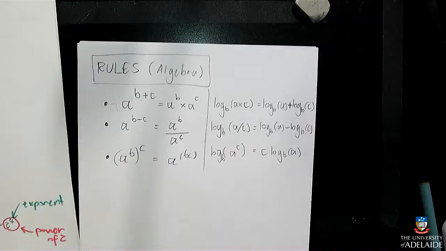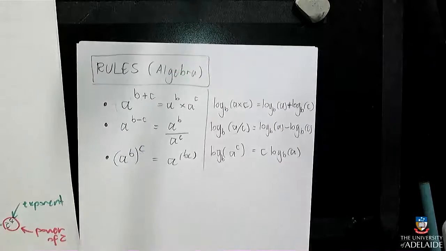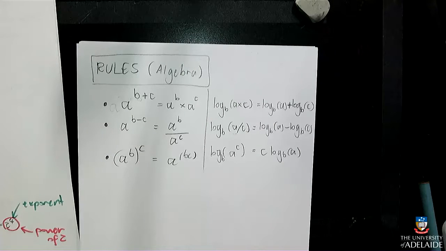So they do the opposite of each other. And these are our main rules. They're called the exponential laws and the log laws.